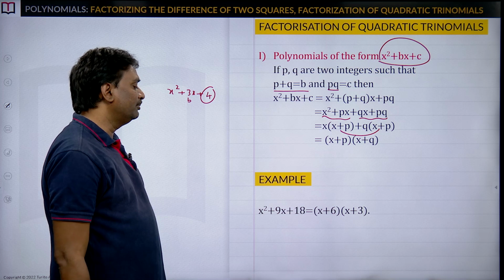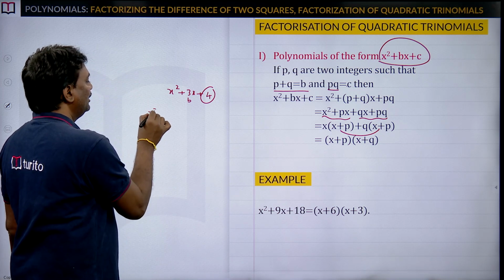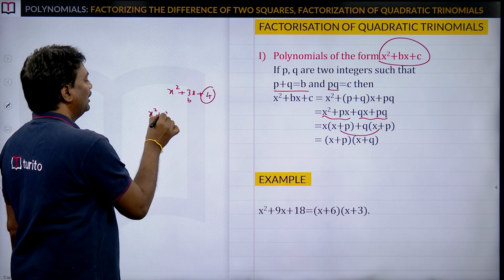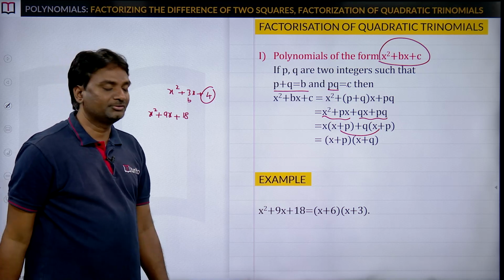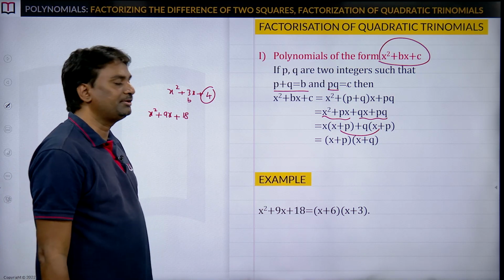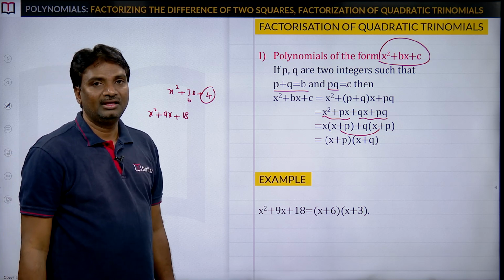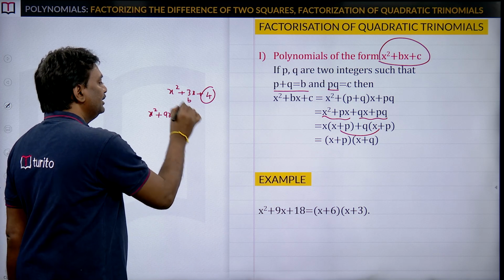If you take the example x square plus 9x plus 18, we can express that as (x plus 6) into (x plus 3). Here, what is c? 18.